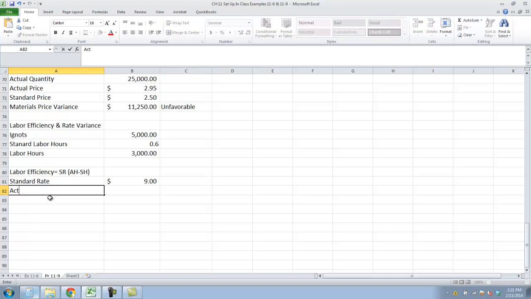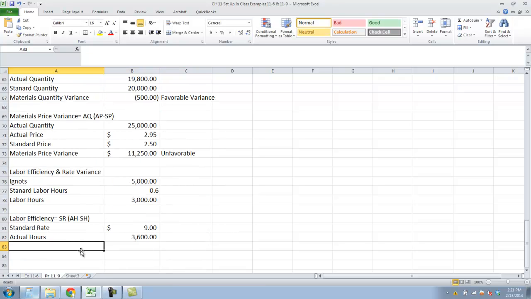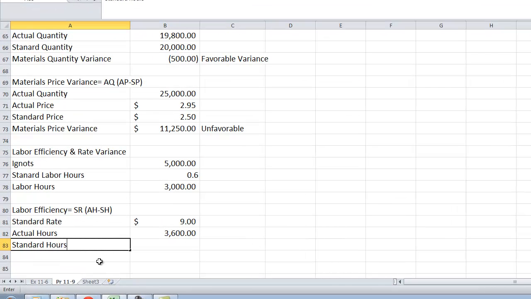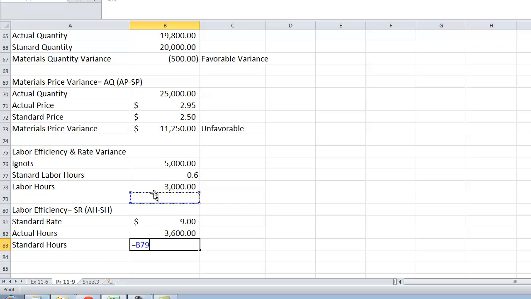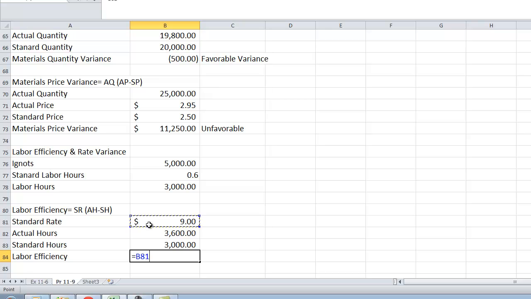Our actual hours, 3,600. Our standard hours, we just calculated. So labor efficiency equals standard rate times actual hours minus standard hours. This is an unfavorable variance.